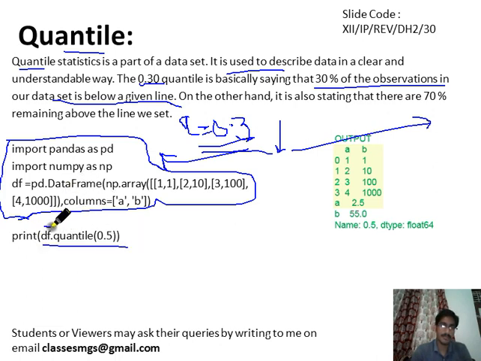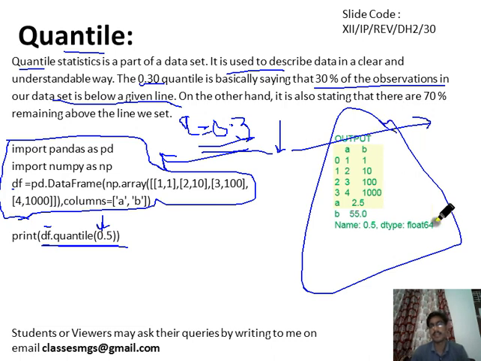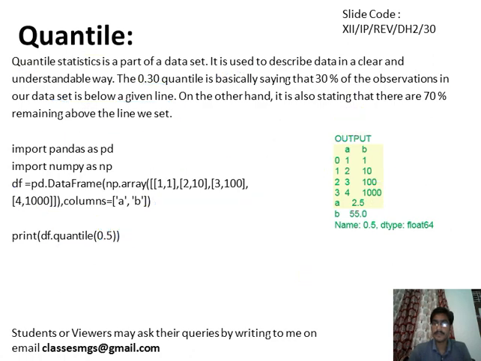For data frame df, if you want to compute the quantile row wise or column wise, you will write df.quantile(0.5), and the output will be like this. So the syntax is more important. No one will ask what the value of the quantile will be in general. If asked, then you can calculate it. You may see the statistics portion on the internet. Let me move ahead.